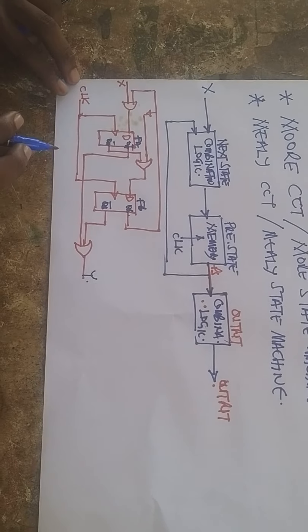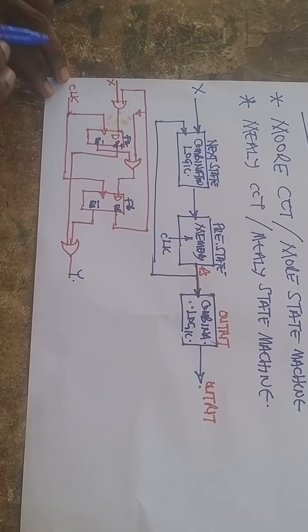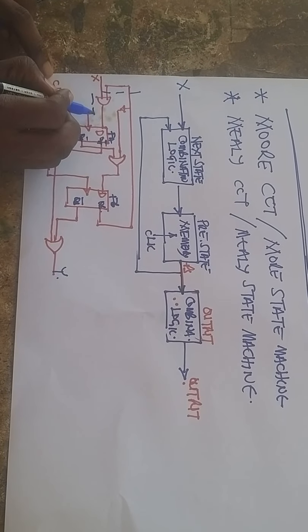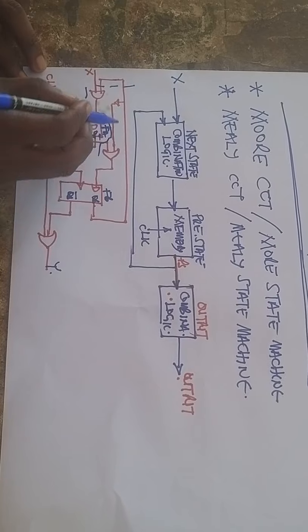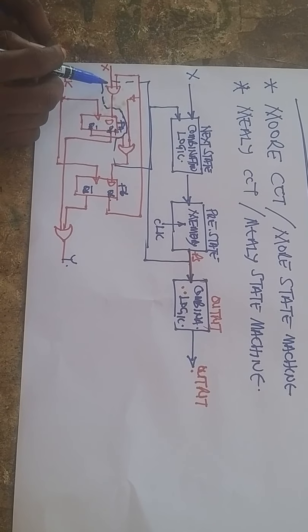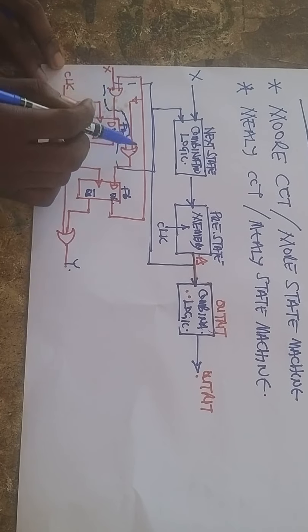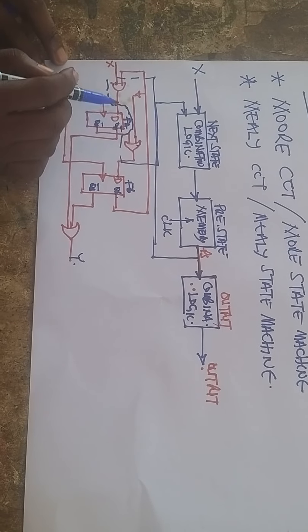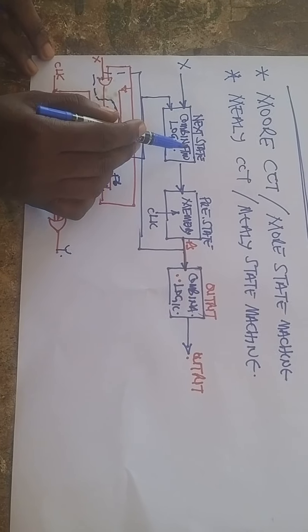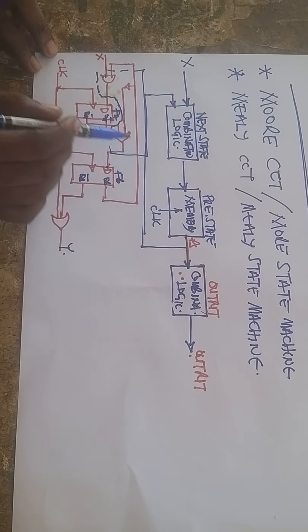Now let's look at something. When you look at this design, look at this side, the combinational logic here. You see that this is connecting to the D input of the flip-flop. And look here, we have a combinational logic which goes to the input of the memory.